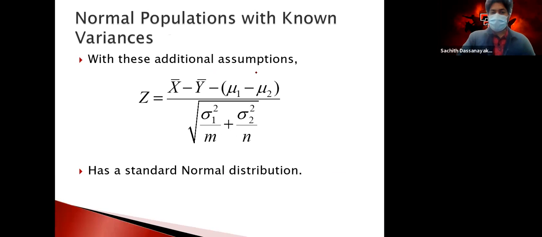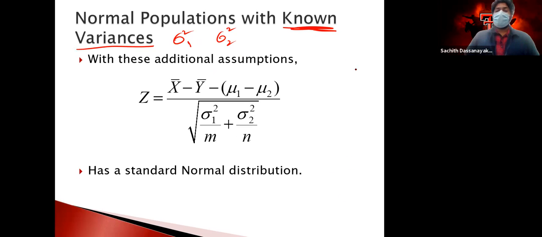Now we are moving to the Z test for two samples. Normal populations, in this case we have known variances. We know the variances or standard deviations of them, we know these two. This is not an assumption, this is something you should do.